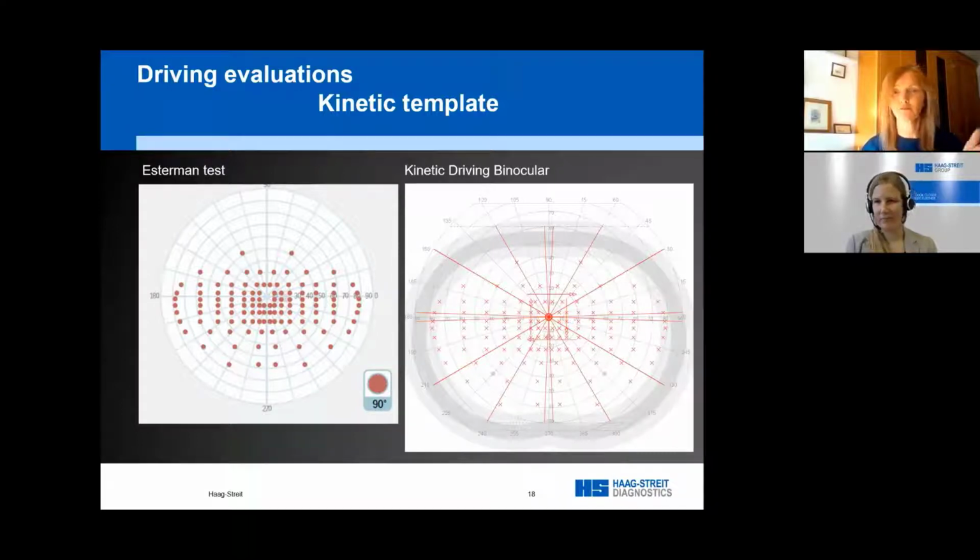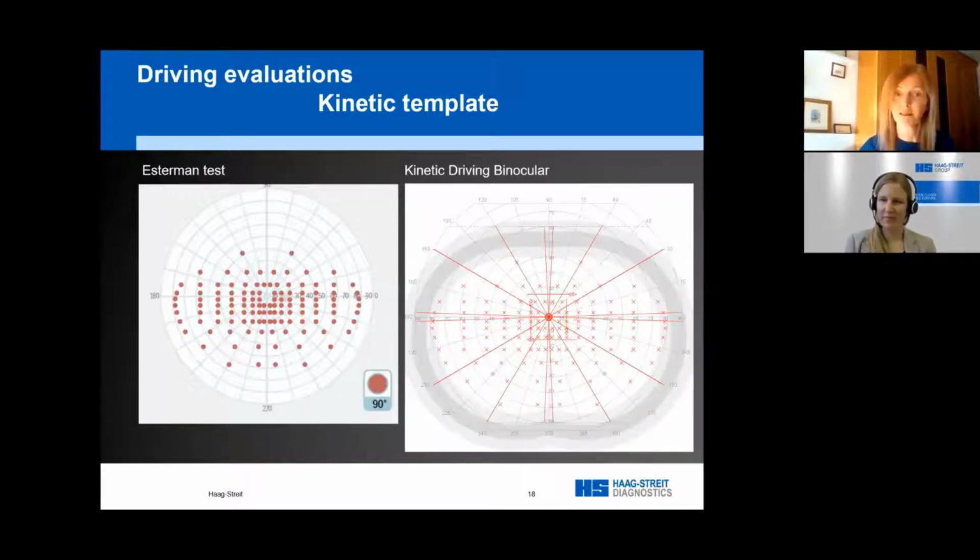So we didn't want to run a binocular Estimate, save that, sort it, and then run a kinetic test separately. So we effectively combined the two within this template. It speeds up the testing, and if you can speed up testing and reduce some fatigue, it can help with a better reliability of the test.